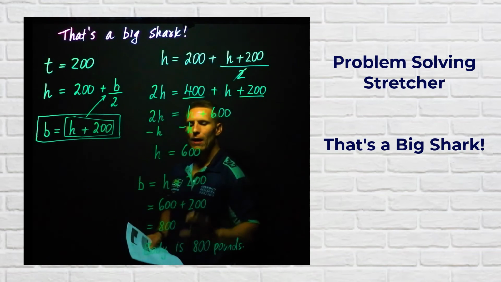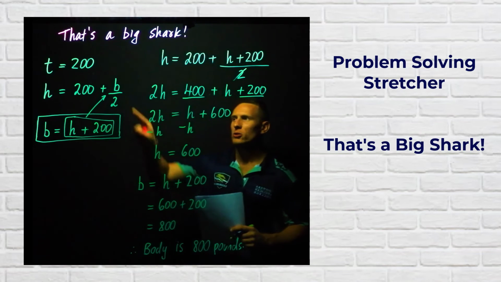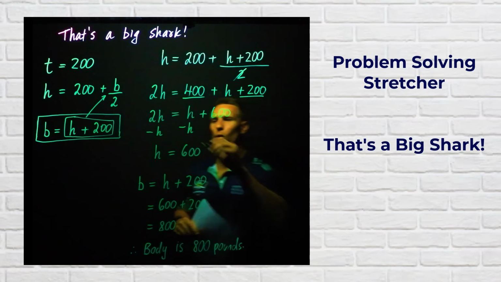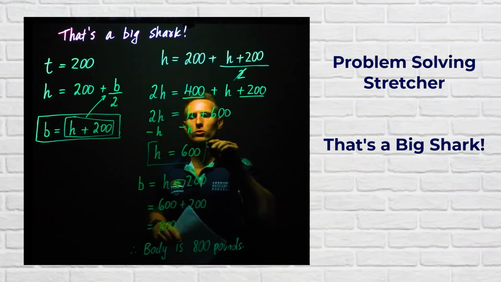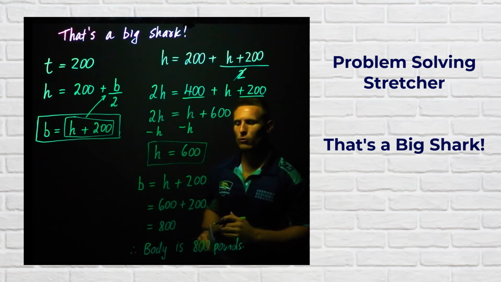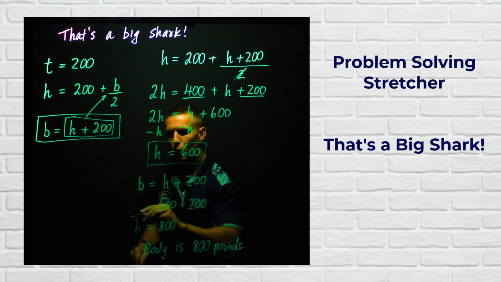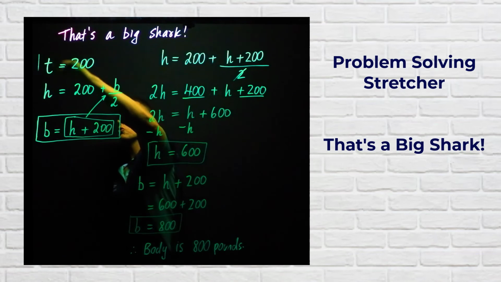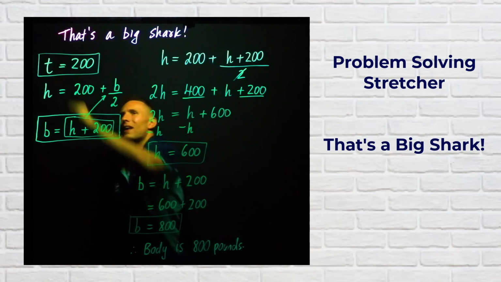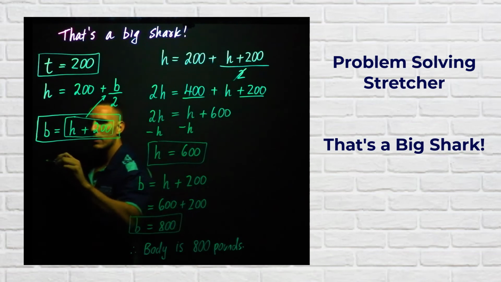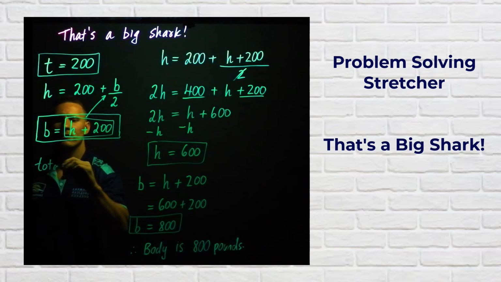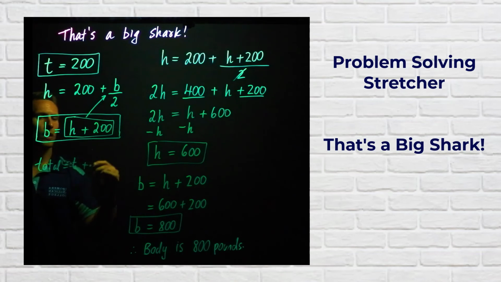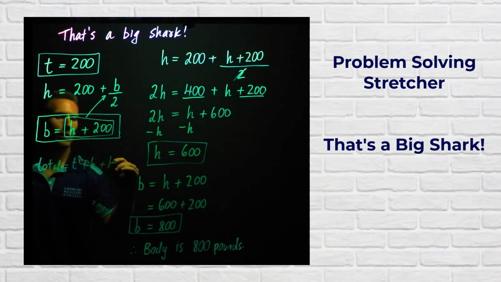So we've worked out how much the body weighs, we know how much the tail weighs, and we've also worked out how much our head weighs. So h is equal to 600, or our head is 600. Our body of the shark is 800 and our tail is 200. So in order to work out the total weight of the shark, it's going to be the tail plus the head plus the body, okay?